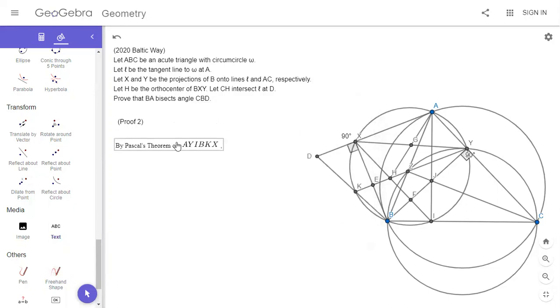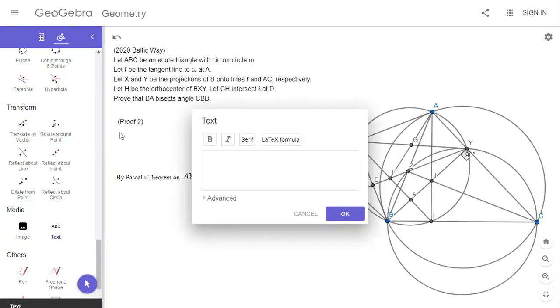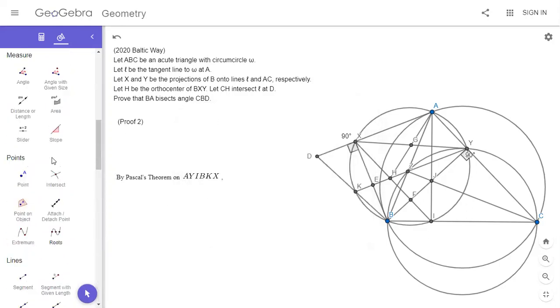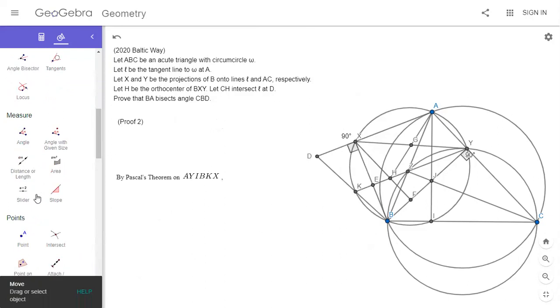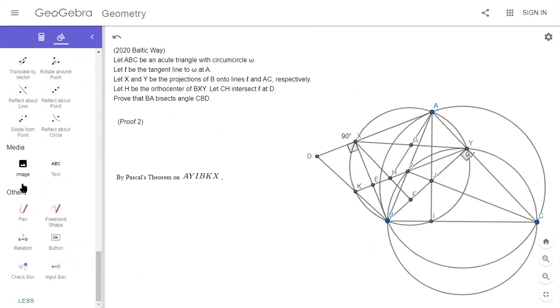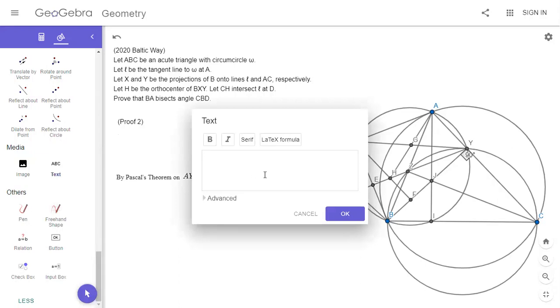I skipped a bunch of stuff, but let me first say what you mentioned. Let me hide this segment. So the reflection of H over F lies on the circle BXY.